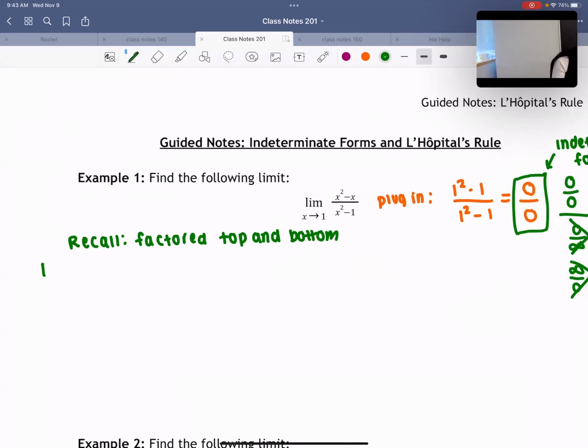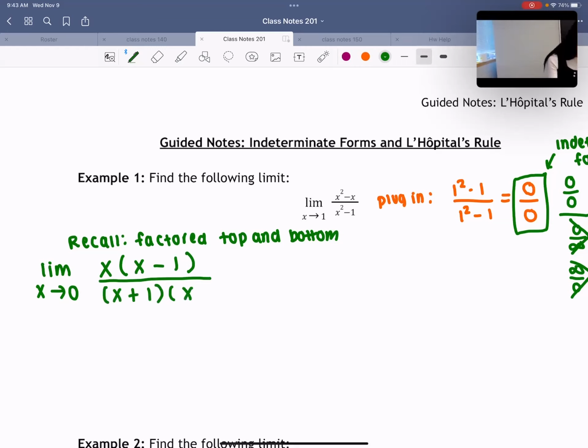So this equaled the limit as x goes to 1. Factoring the top, I think we can factor out an x, right? What would be left if I factored out an x? X minus 1, right? And how do I factor the bottom? Good, x plus 1 times x minus 1.